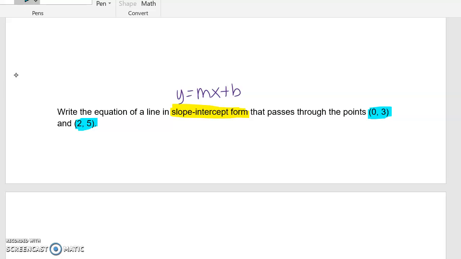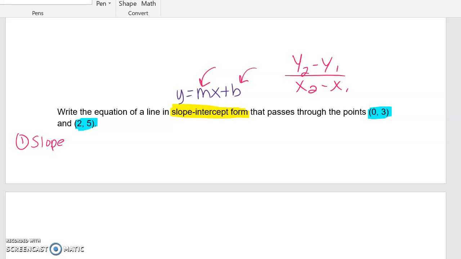So the first thing that we need, remember how we talked about the 2 most important parts of slope-intercept are my m and my b? All right, so if we're given 2 points, the first thing we want to do is find the slope. Okay, and this goes back to a couple days ago, but finding slope from 2 points, you could choose to use the formula, which is y2 minus y1 over x2 minus x1.